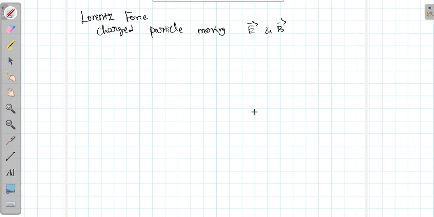A net force will be acting on the charged particle. The net force F equals QE vector plus Q v cross B vector. This net force acting on the charged particle is called the Lorentz force.